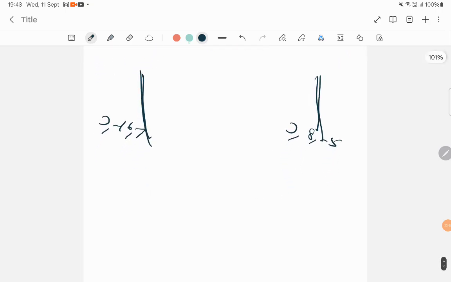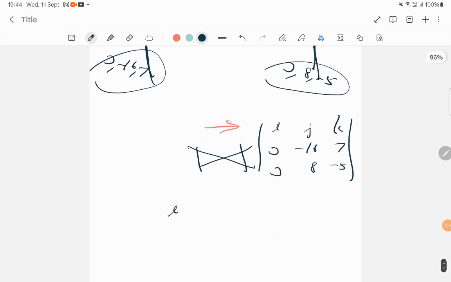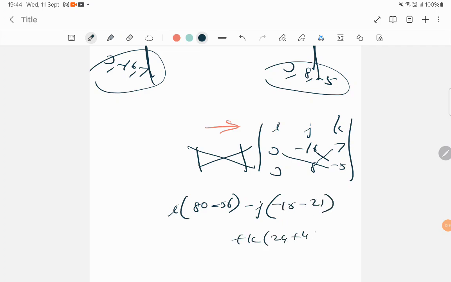And I told you in vectors itself, if you want to get a vector which is perpendicular to other vectors, you have to cross these two vectors. So cross this and this. i, j, k. 3, minus 16, 7 and 3, 8 and minus 5, just cross it. You get i into 16 5s are 80 minus 8 7s are 56, minus j into minus 15 minus 21, plus k into 24 plus 48.